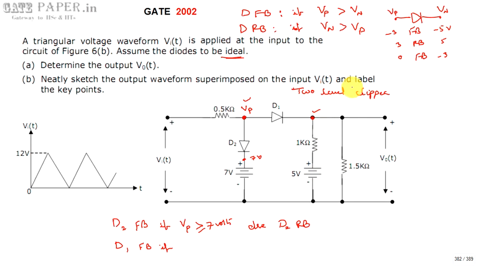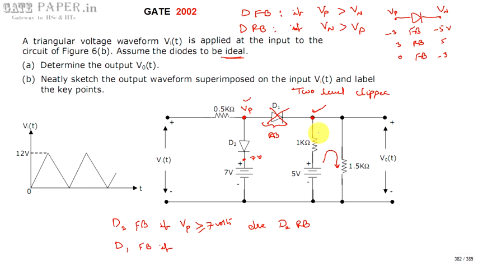You can calculate it by assuming D1 is in reverse bias. Then it acts as an open circuit, so you simply disconnect this diode. Then what is the effective voltage at this point? Now 5 volts is applied, so current will flow in this direction, because current cannot go through the diode, as it is reverse biased.